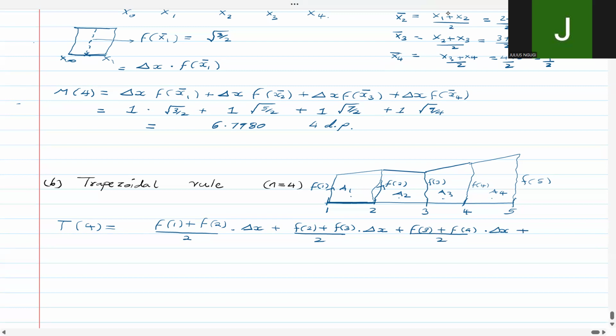Finally, the last trapezium, A4. So the area is F at 4 plus F at 5 divided by 2 multiplied by the spacing.